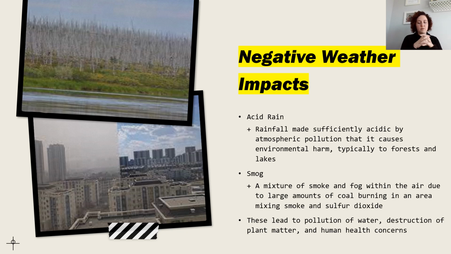Smog typically affects early morning and late afternoon, when we're moving from night to day and day to night. If you lived in a larger city, or if you've ever watched the news in a larger city, they might give a smog report. It's essentially this hazy fog, but if you were to breathe it in, you could cause significant damage to your respiratory, and especially your upper respiratory system.